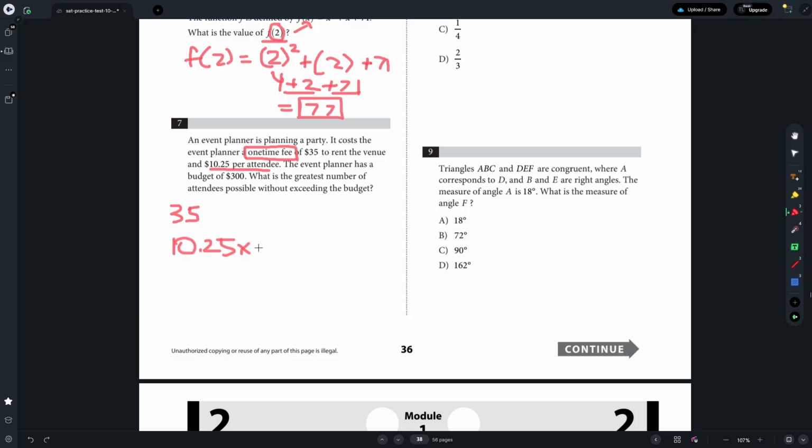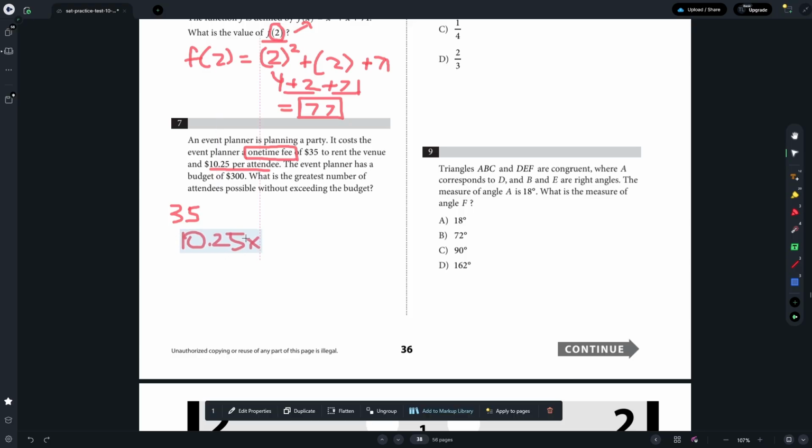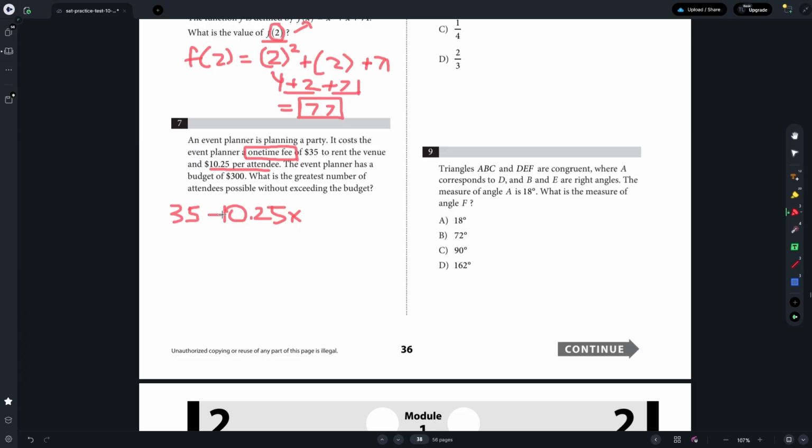So the total added together would be $10.25 times x plus 35. And it says the event planner has a budget of $300. What does this mean? A budget means you don't want to spend more than $300 for the party, right?